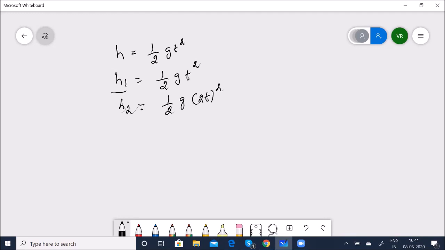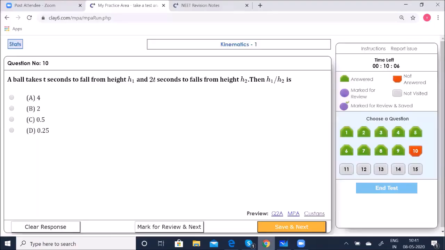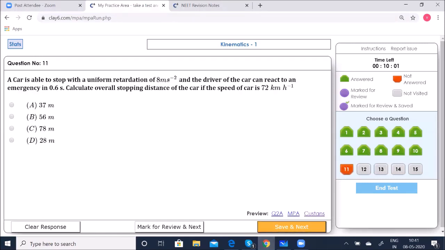Now divide both, half and half gets cancelled, g gets cancelled, t squared gets cancelled. It is now going to be 1 is to 4, or 1 by 4, which is equal to 0.25. Let's see which option is correct. 0.25, D is correct. Save that. Go to the next question.